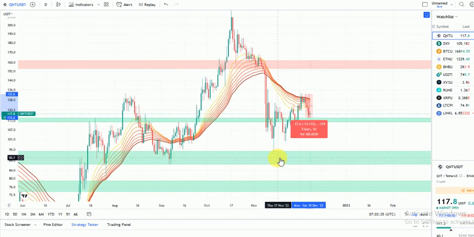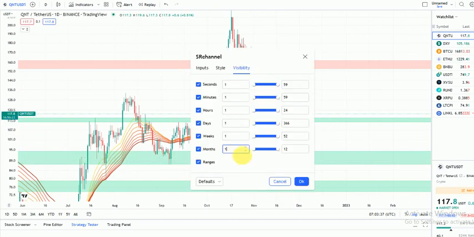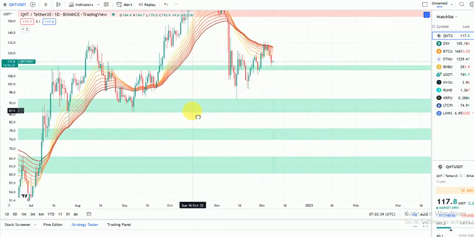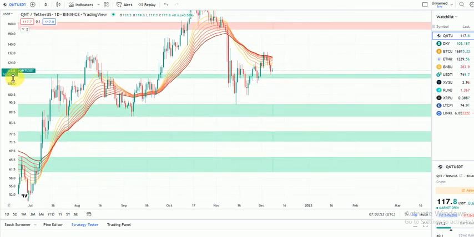So for the next price for Quant, to see what Quant is going to do, we probably should expect Quant to come down and retest the 114 region. If for any reason Quant fails to hold the 114 region, we probably could see Quant first at the 95 region, 95 to 98 region, as that is the next huge support for Quant.